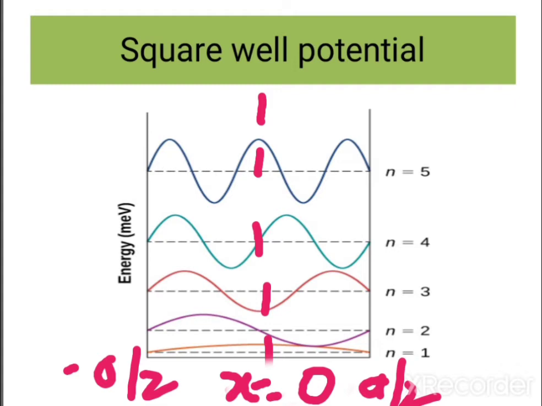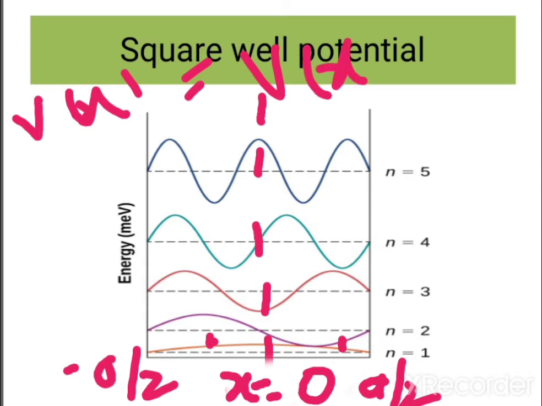If I consider one point here, that is psi of minus x, and another point here for the ground state wave function psi of x, then it will show symmetric behavior, like the potential V of minus x equals V of x. So it is showing the same behavior. It will show symmetric behavior for the ground state.